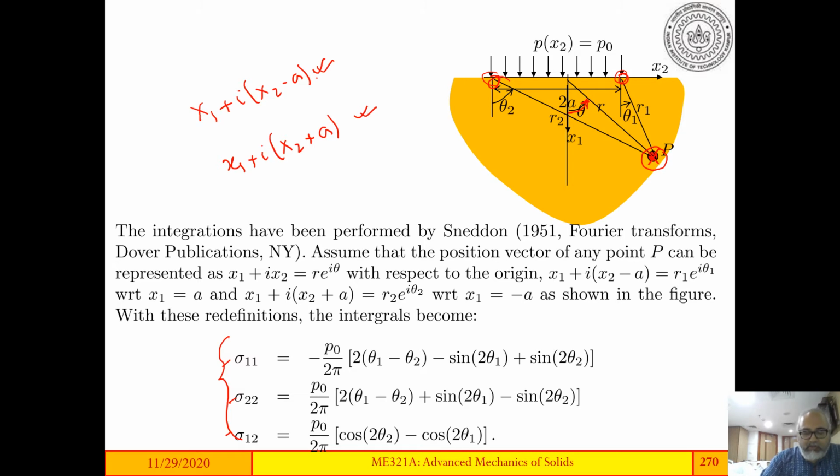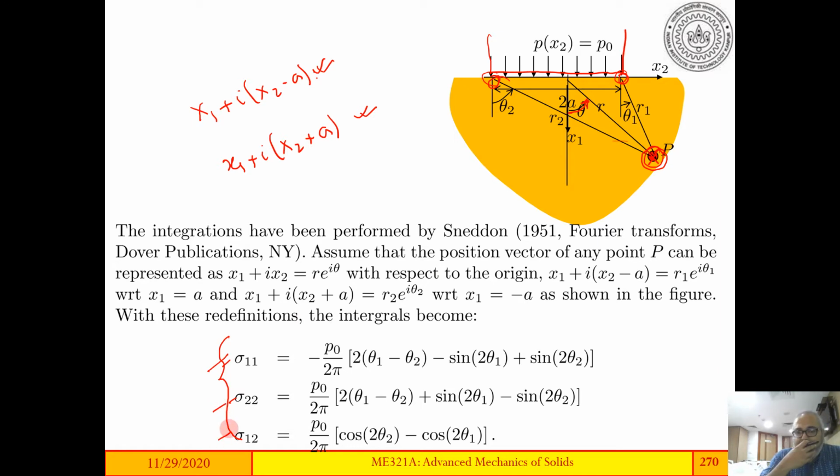It's straightforward but tedious. We are not going into that right now, but I just want to make sure you understand this. This is the punch that is exerting this force, and from the edges of the punch he defined two angles theta 1 and theta 2, and in terms of these two angles and the distances from these two points to any point p in the domain, these are the expressions for the stresses.